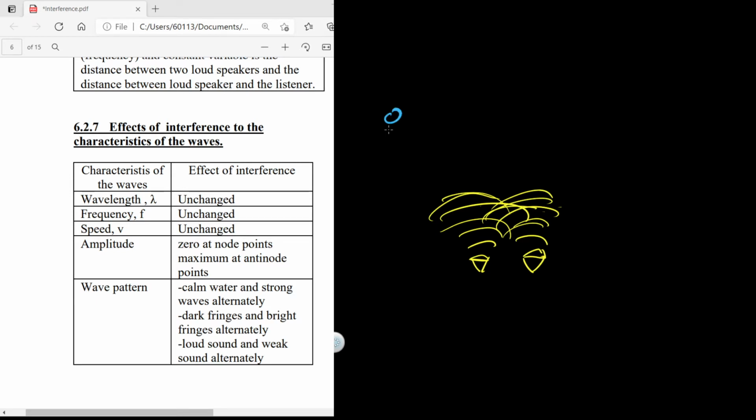So let's say you are here and you are walking in this direction. So what can be detected there? Let's say at this point maybe you detect a weak sound, and then loud, and then weak, loud, weak, loud, weak, loud, and so on. Alternately, the weak sound and loud sound alternate according to their order.